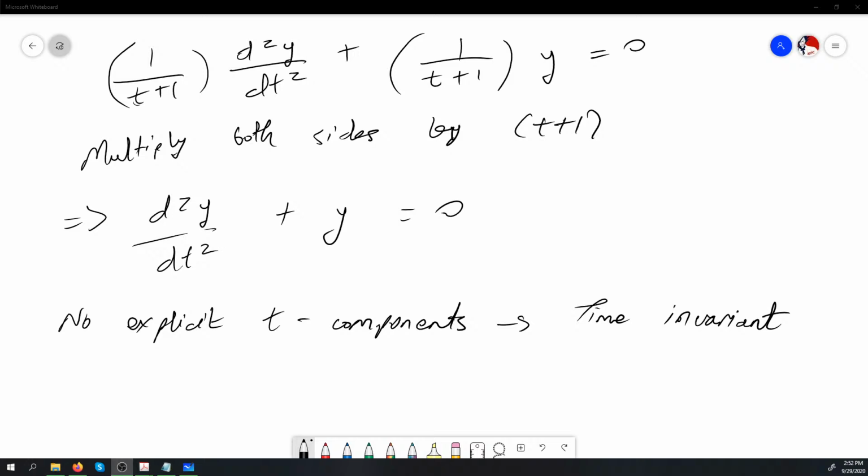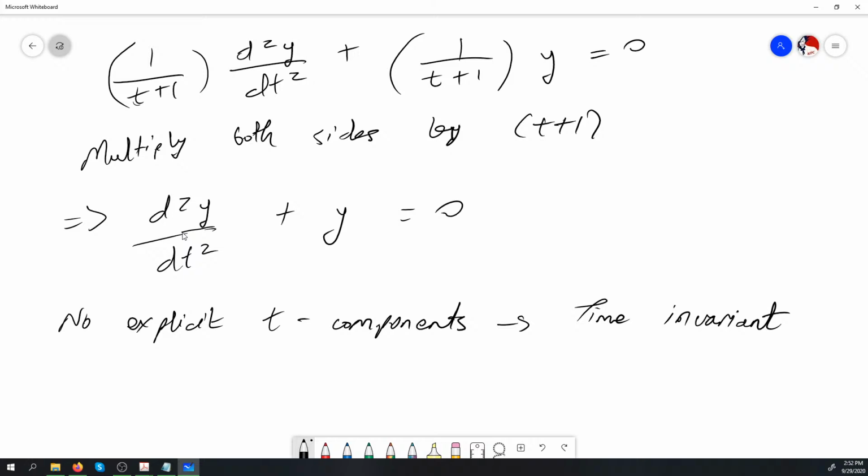In general, the trick is just to make sure if you're able to get rid of any explicit t components that may exist within the equation to determine if it's time variant or not. Since we have a 1 divided by t plus 1 component on the left hand side of the equation, and the right hand side is 0, if we multiply both sides by t plus 1, these components just resolve to 1.